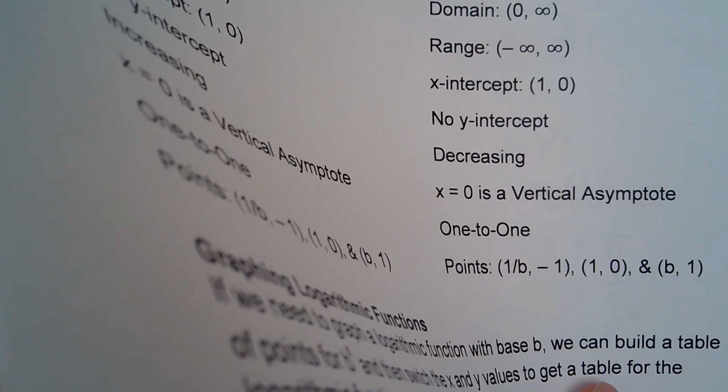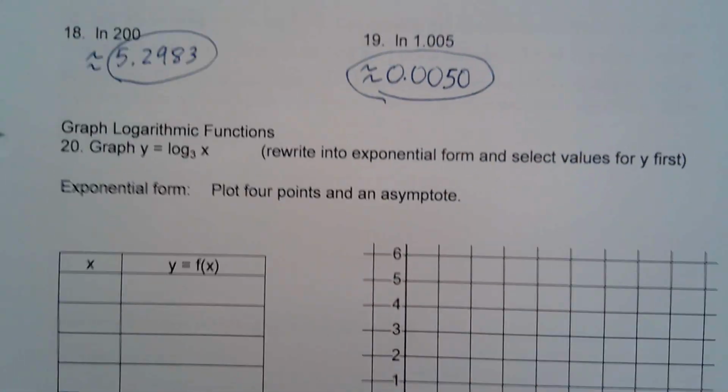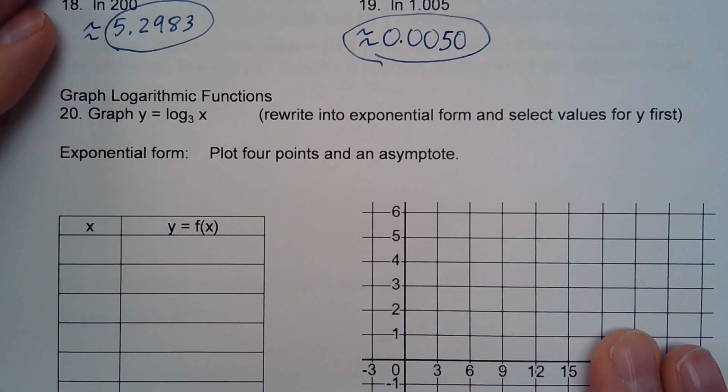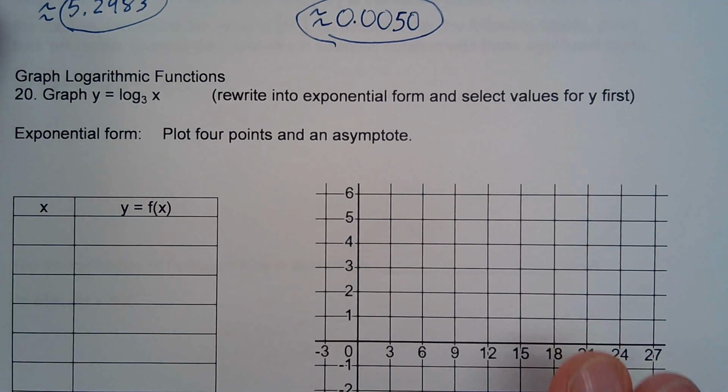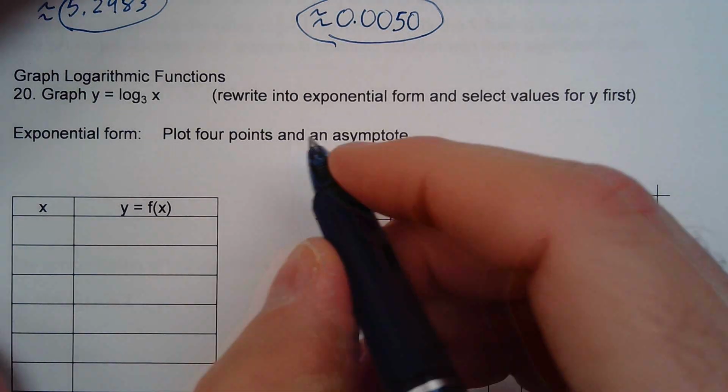So let's head to problem number 20. We want to graph the logarithmic function y equals log base 3 of x. Rewrite in exponential form and select values for y. In other words, we're going to pick numbers.